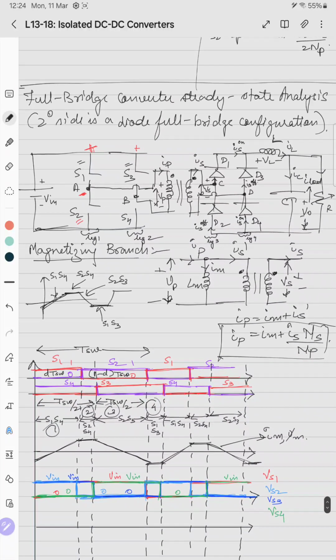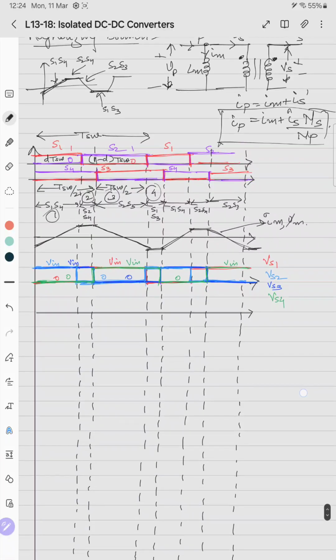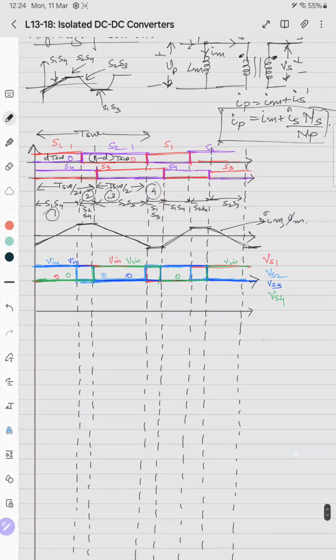We saw that IP is Im plus Is into this, and we have to write it like this. So Is, we have basically 4 conditions. Case 1, case 2, case 3, and case 4.